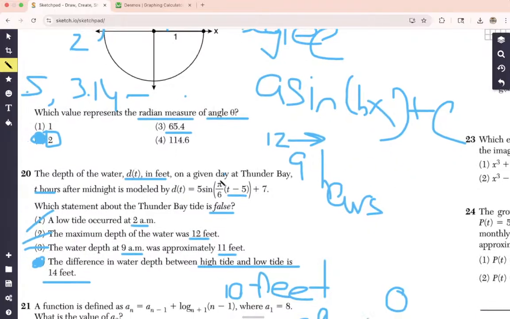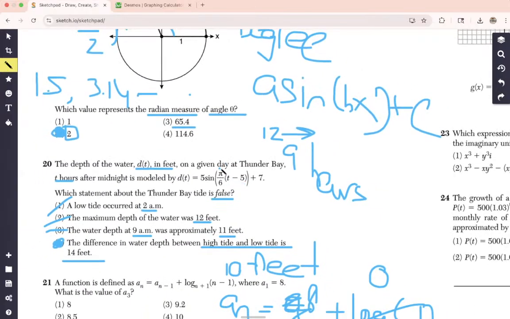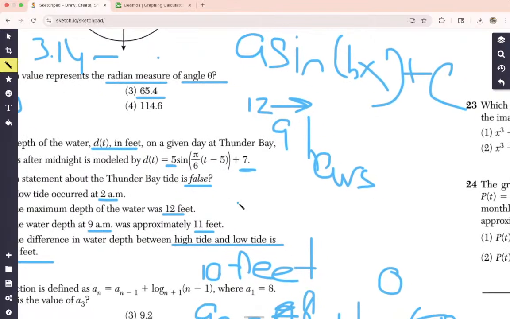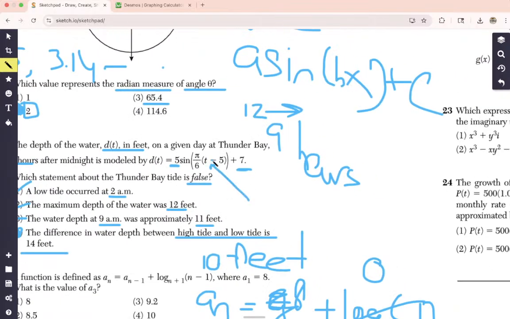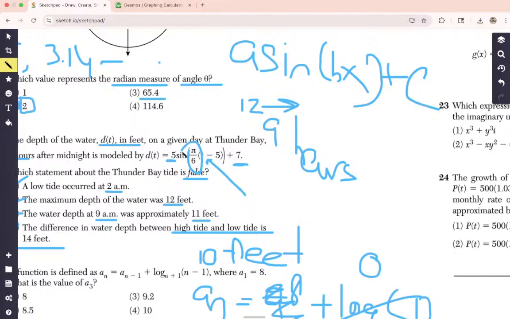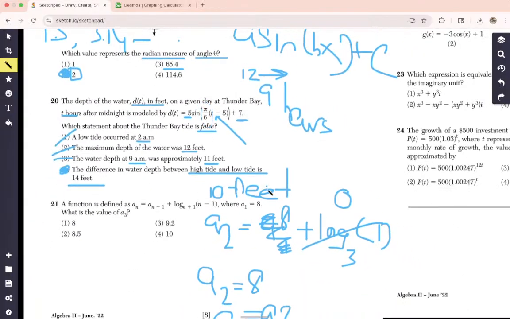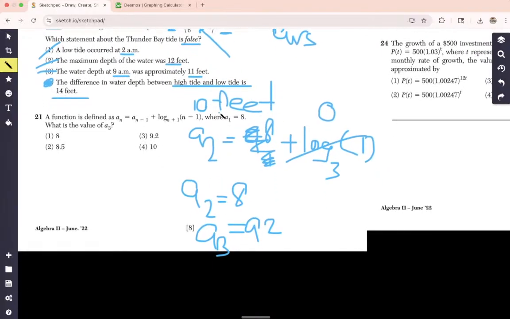In this case, they did actually, but once again, this is basically your midline, this is your amplitude, and after that, this is your horizontal shift. This is telling us that we have shifted the graph. If it's a negative sign, that means we shifted it to the right, the positive side, and then you can find out your period by 2 pi divided by whatever that is. So, great job.